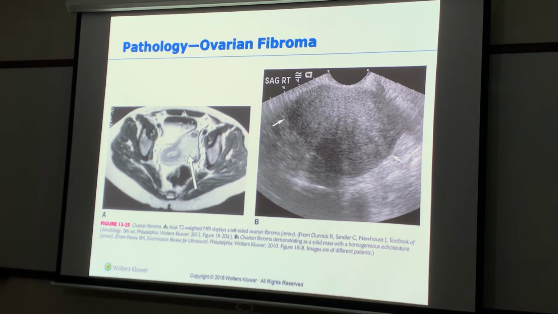But how can I tell this is ovary or the uterus? Because I'm gonna know where I'm at. I'm gonna be very, very meticulous when I do my exam. My uterus is gonna be together, my right ovary is gonna be together, my left ovary is going to be together. Okay?